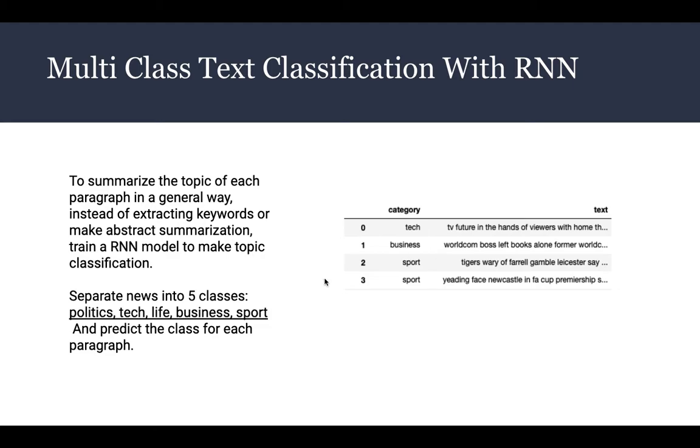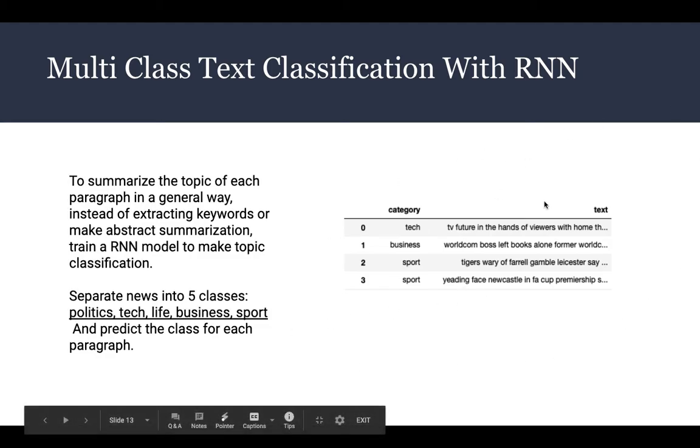So I trained a model to classify every paragraph's topic. Here is the model. The training data is from BBC News, and all the news are classified into 5 classes: politics, tech, life, business, and sport, and we predict the class for each paragraph.